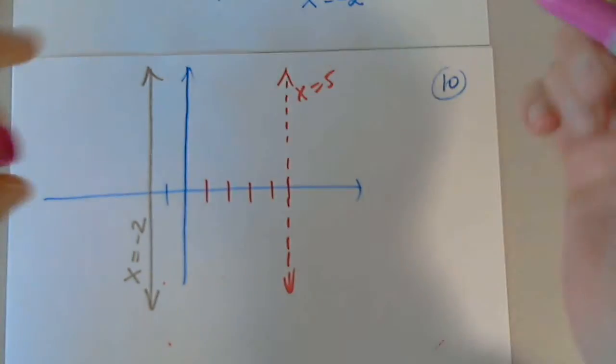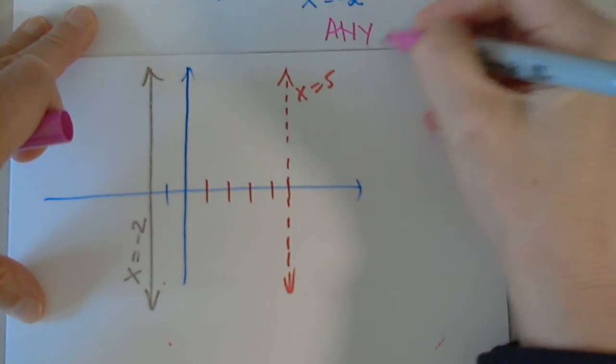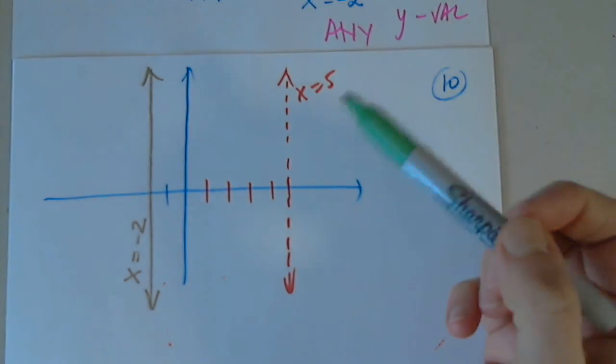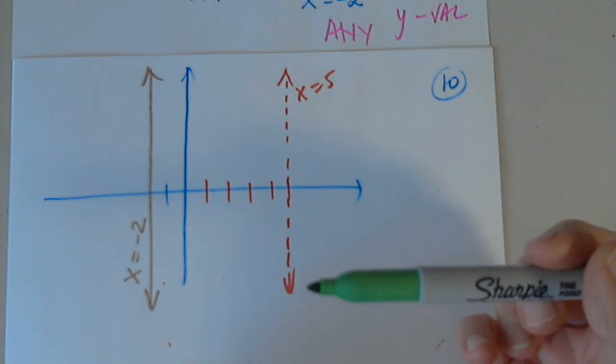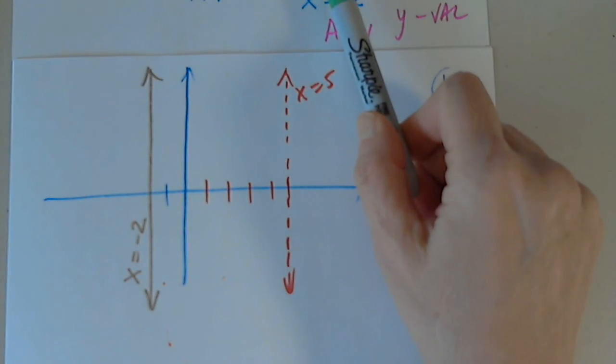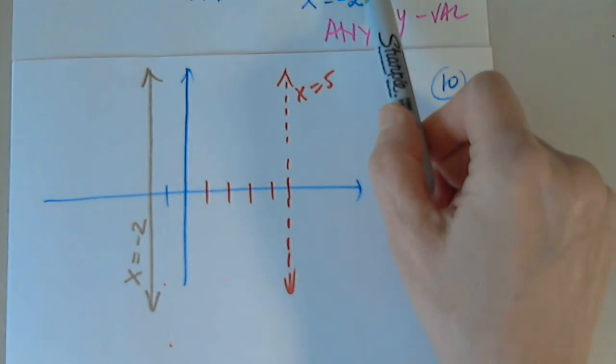I don't have any restriction on y. It says any y value. If they don't say anything, I can choose any y value I want. So I'm asked to shade in the region with any y value, couldn't care less, but x is between -2 and 5.